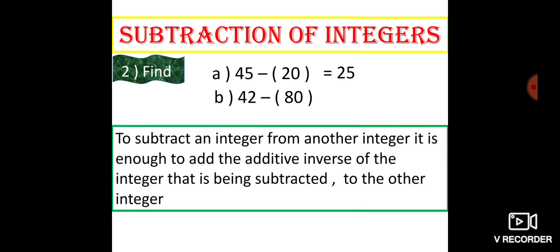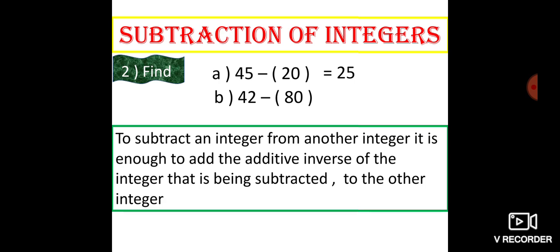To subtract an integer from another integer, it is enough to add the additive inverse of the integer that is being subtracted to the other integer. That means in the case of subtraction of integers, there is no subtraction, but we change the subtraction into addition.